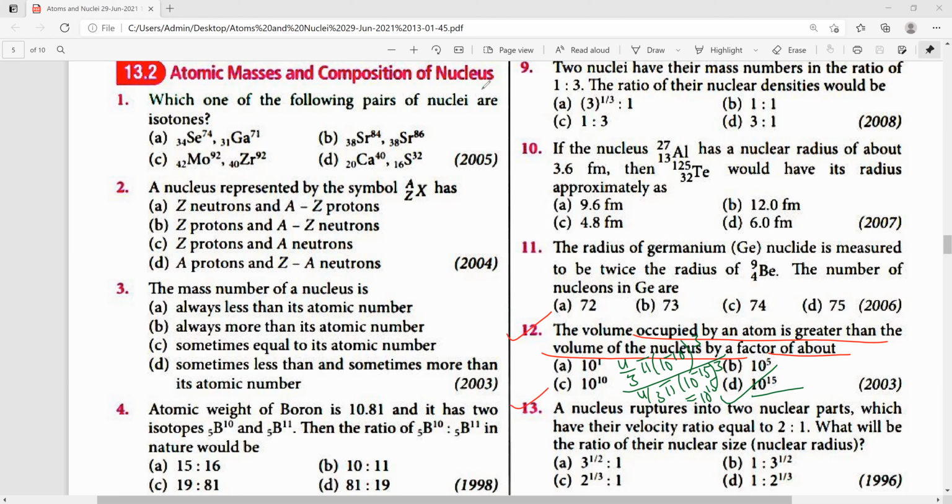13th one, the nucleus ruptures into two nuclear parts which have their velocity ratio equal to 2:1. What will be the ratio of their nuclear size they have given? Thirteenth one. So velocity ratio they have given V1 is to V2 is equal to 2:1.